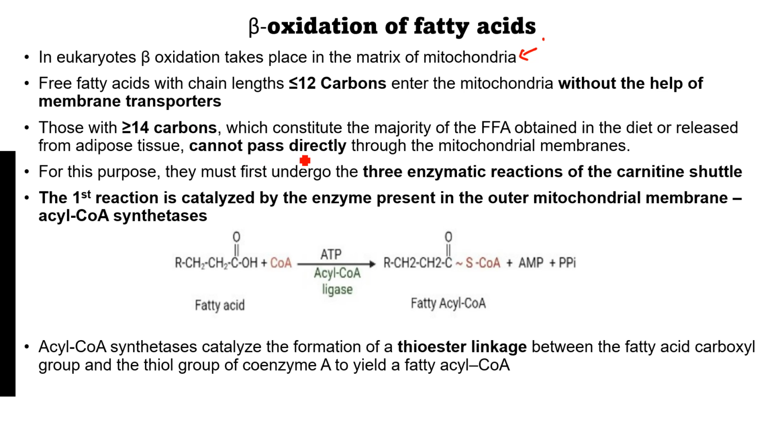these fatty acids cannot directly pass through the mitochondrial membrane. So for this process, what happens? They must first undergo the three enzymatic reactions of the carnitine shuttle. Fatty acids are produced in the cytosol. Now from the cytosol, they have to move into the matrix of the mitochondria.